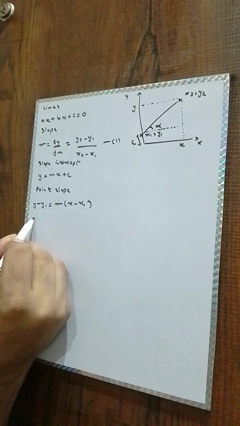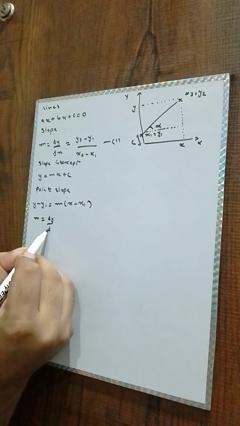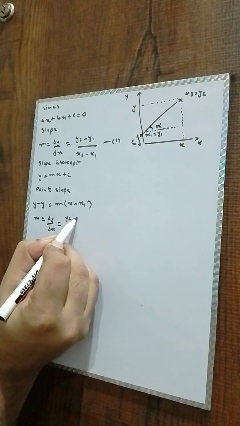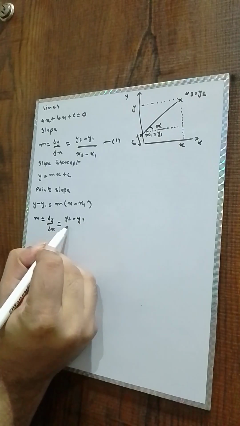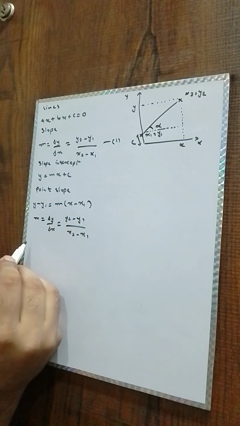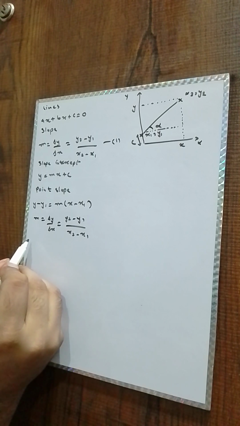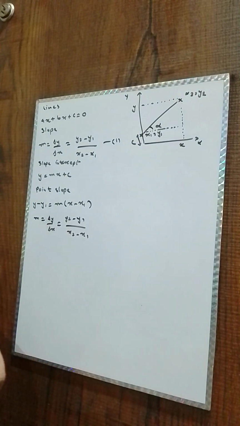The point slope form says that m is equal to delta y by delta x is equal to y2 minus y1 by x2 minus x1. In point slope form we have the information of 1 point and the slope.